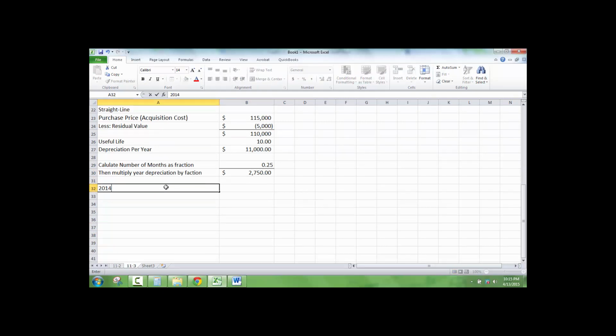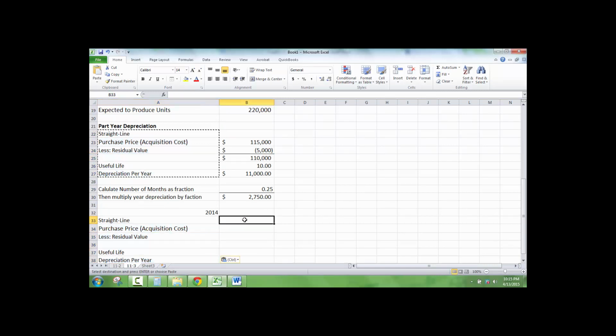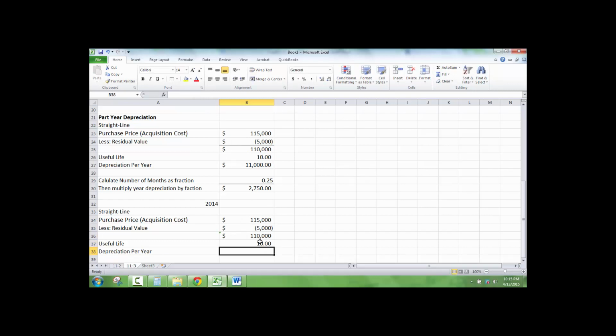In 2014, it would be a full year. So our depreciation for 2014 would be the whole year.